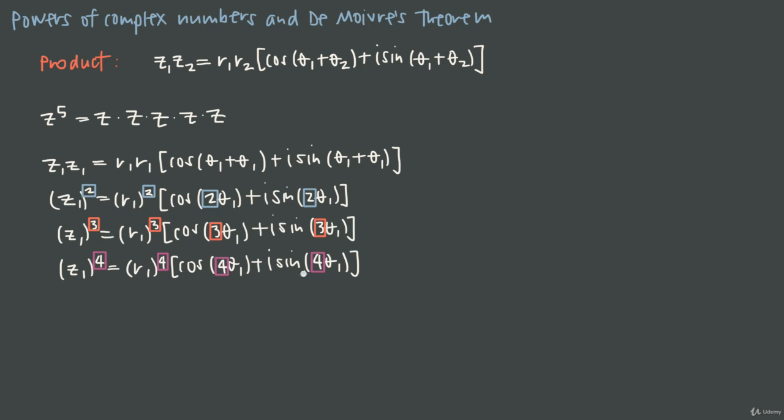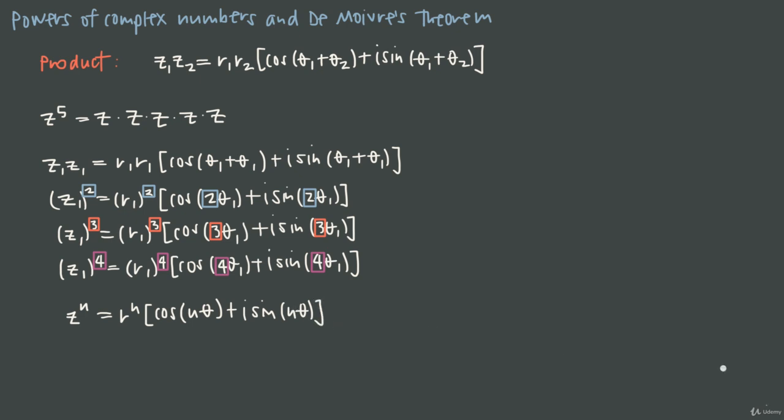And so what we can extrapolate from this is that if I want to raise a complex number to the n power, regardless here of the value of n, the result will be r to the n multiplied by cosine of n theta plus I sine of n theta, like this.